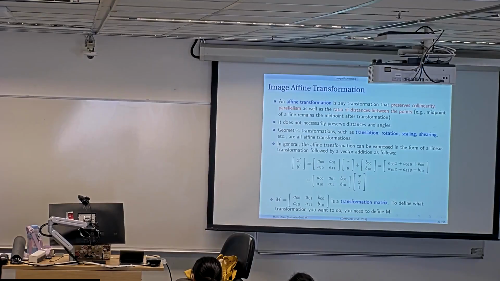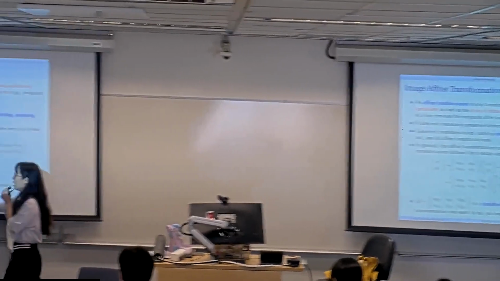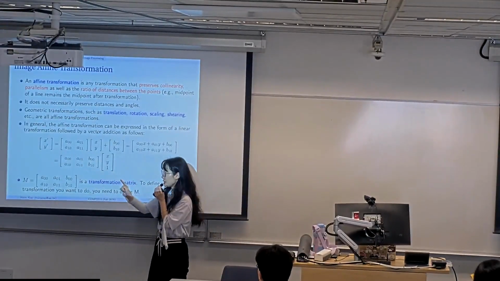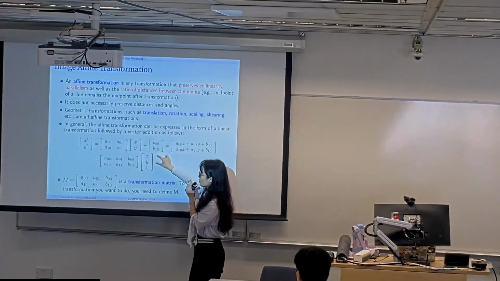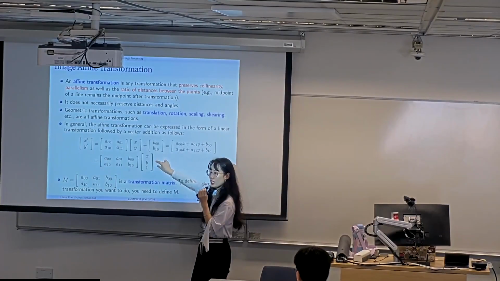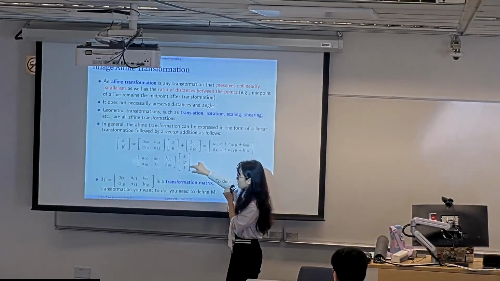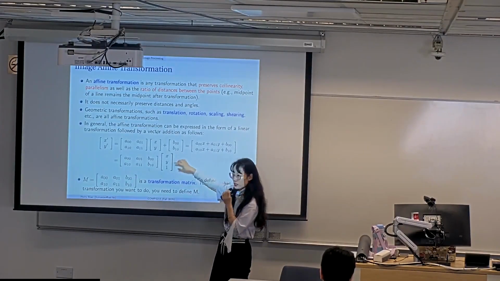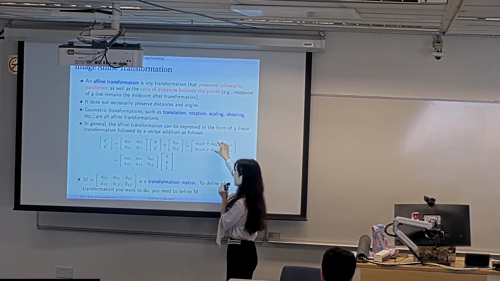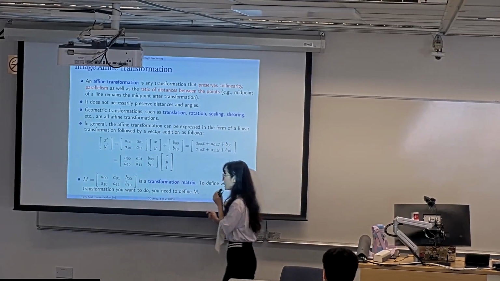We find that actually it's a matrix multiplication between a 2 by 3 matrix here and such a vector. Such a vector is the original coordinate x, y, concatenated with another entry 1 so that it becomes a vector with length 3. So actually this is equal to this matrix multiplication.